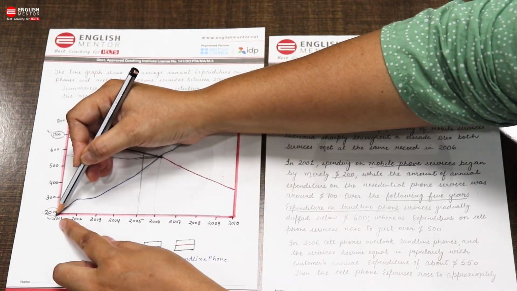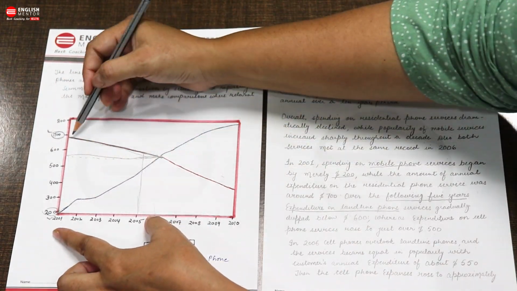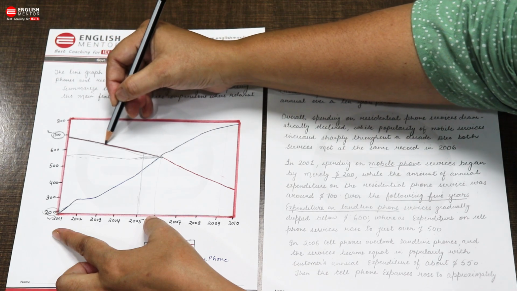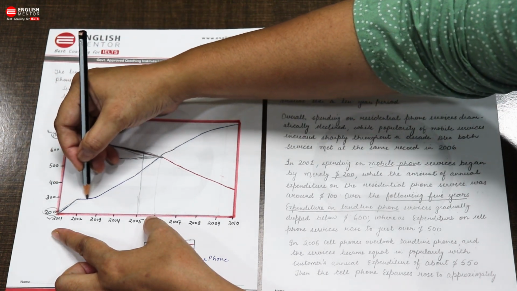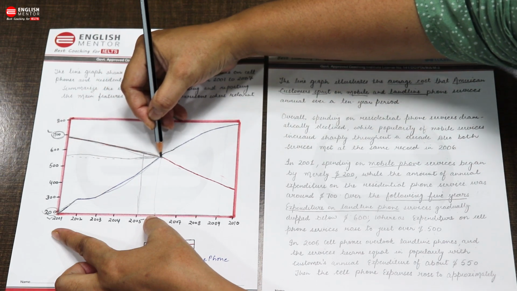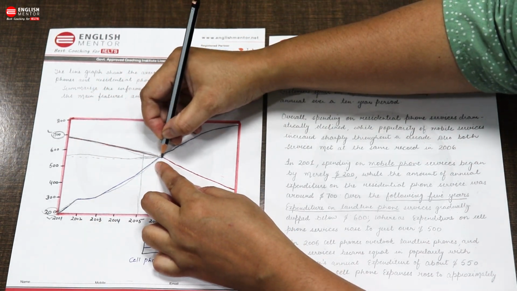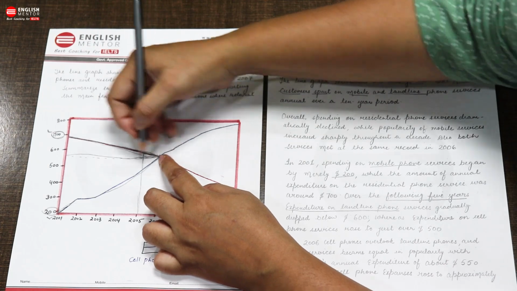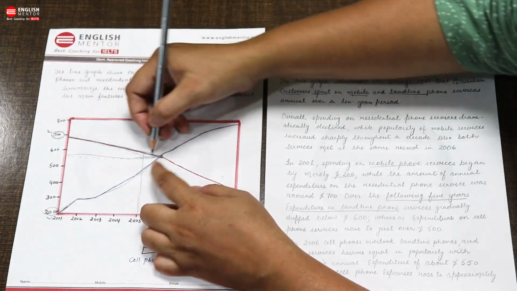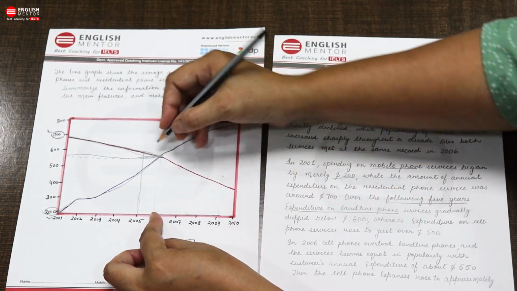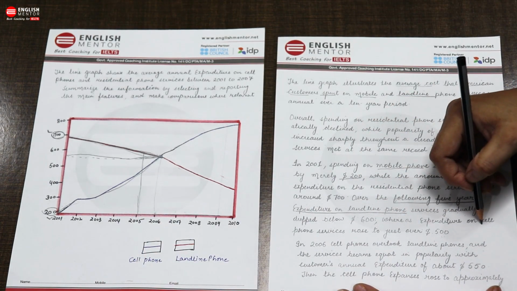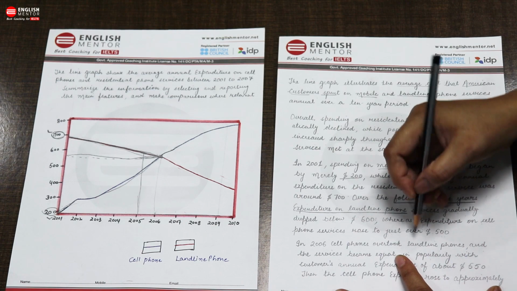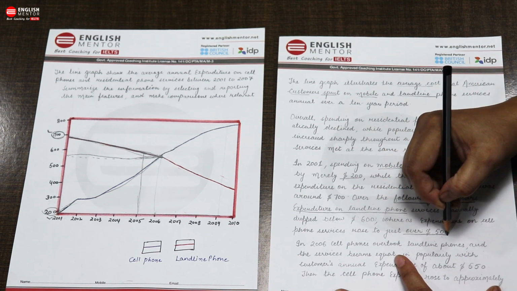From 2005 to 2006 there was a decline in residential phone services, whereas there was a great increase in the expenditure on mobile phones, and these two lines intersect here in 2006 at one point. Clear?